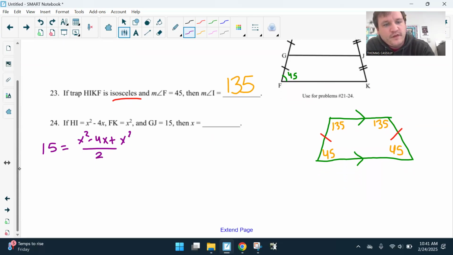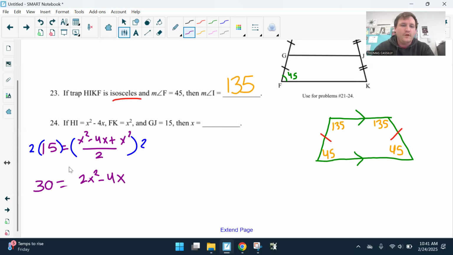Same thing as before. Just to be consistent, multiply both sides by 2. I should have condensed that step down first, so I'm going to do 2 steps in one here. I'm going to say 30 equals x squared plus x squared is 2x squared minus 4x. So that's what's going on there. I did 2 steps in one.